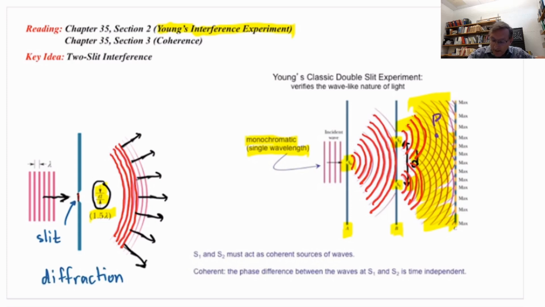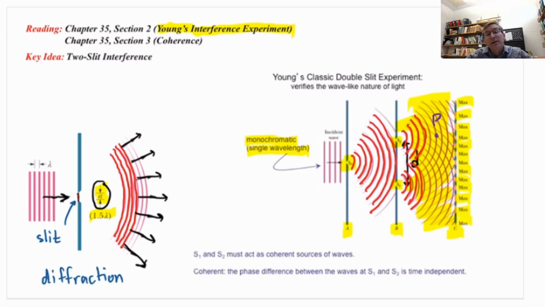And so what was discovered on the viewing screen, C, over here, parallel to the other screens, A and B, was alternating bright and dark regions on the screen, which we now call fringes. And they're called maxima if it's bright, and minima if it's dark. And this drawing shows where the maxima roughly would be, where you would see bright fringes of light, but alternating in between with dark fringes.